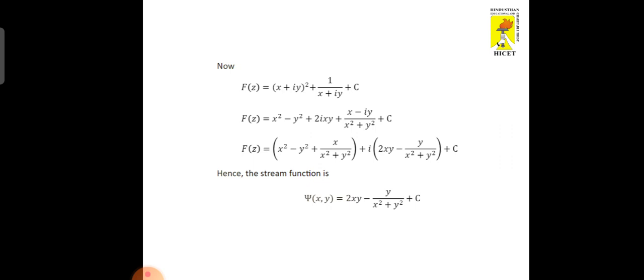In our question, the velocity potential is given, and the required answer is the stream function. So the stream function is the imaginary part. So ψ(x,y) = 2xy − y/(x² + y²) + c, which is the required solution.